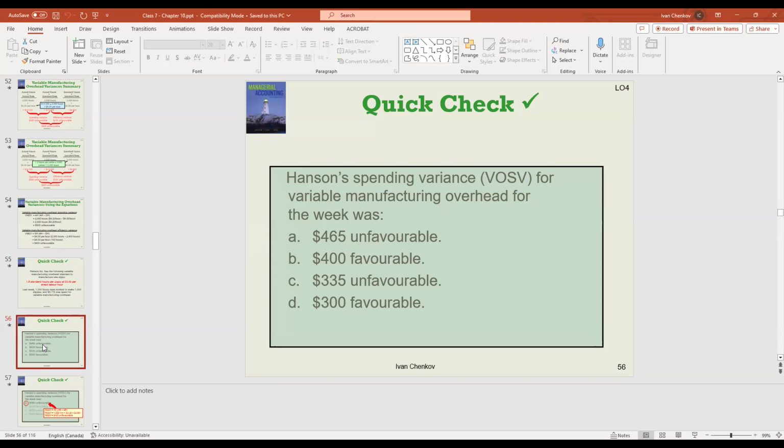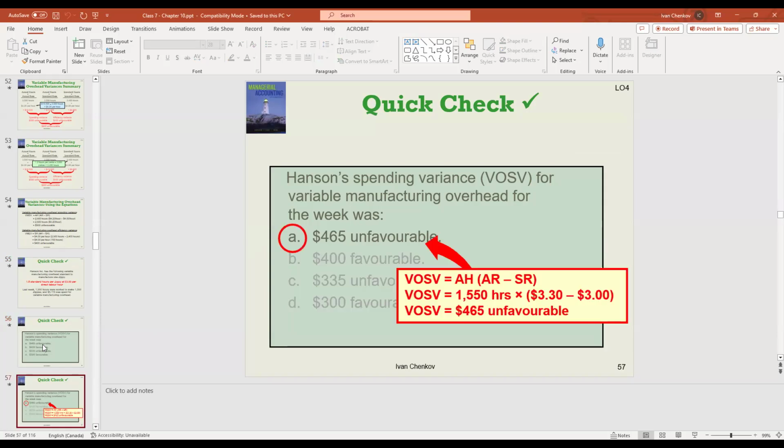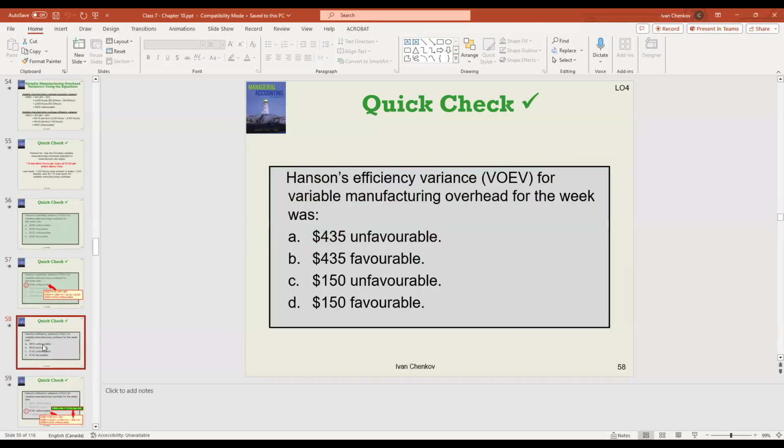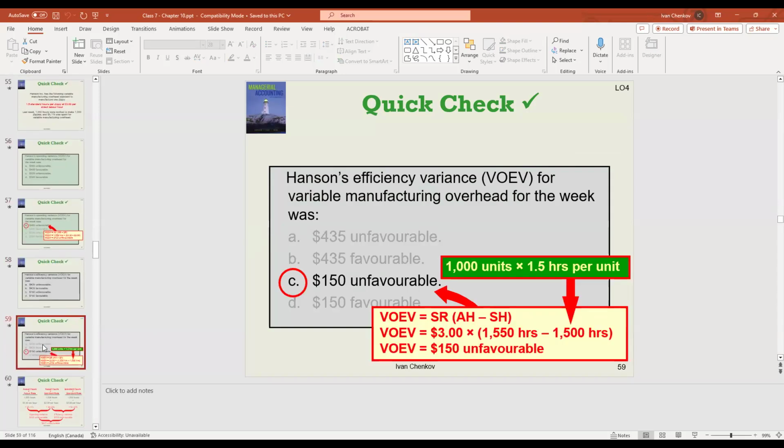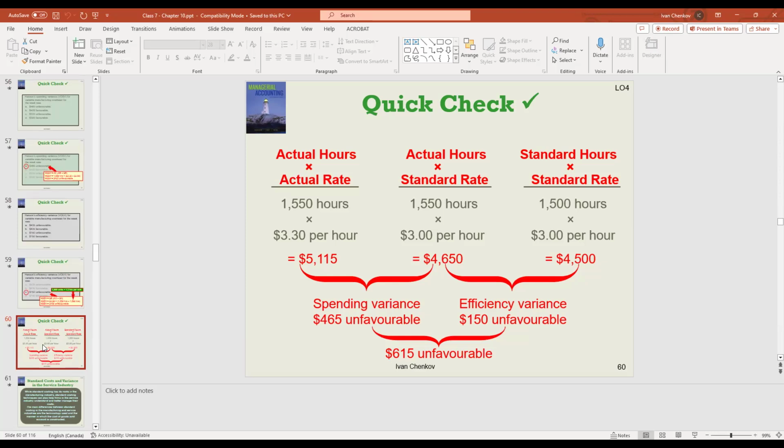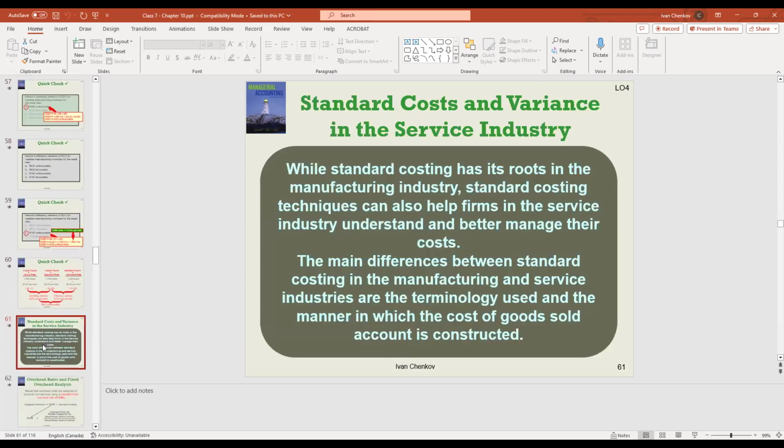A. A, that will be correct. How about the next one? Efficiency, how efficient we are. Not very efficient, aren't we? C. C, $150 unfavorable. And that's if we do the chart that we just showed you.